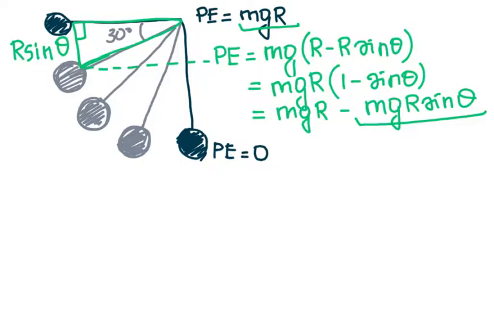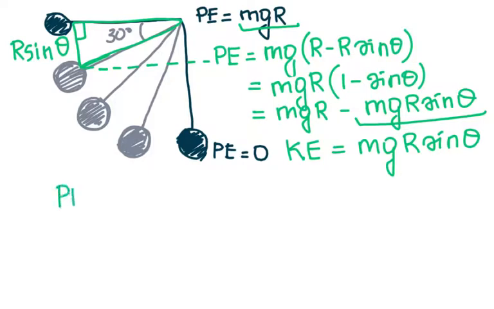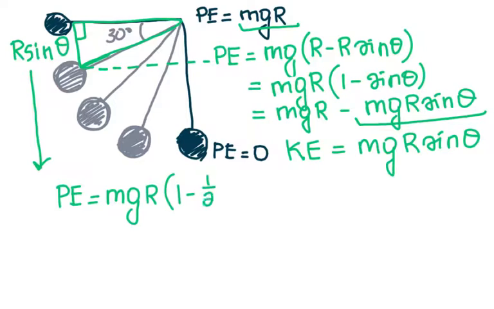So the kinetic energy at that point, at 30 degrees, is equal to mgr sine theta. And in this case, we chose theta to be 30 degrees. So the potential energy at that point is equal to mg, and then I have r, and then I have 1 minus sine of 30, which is 1/2.